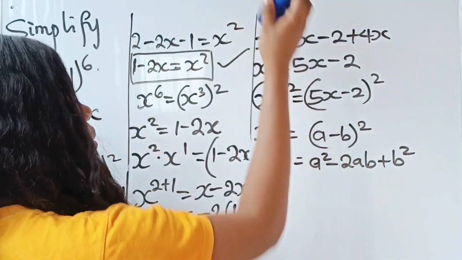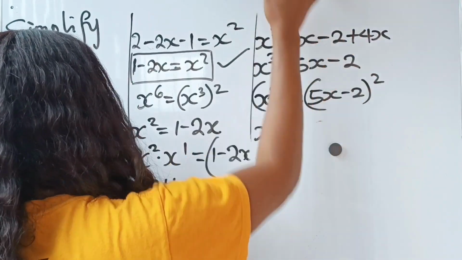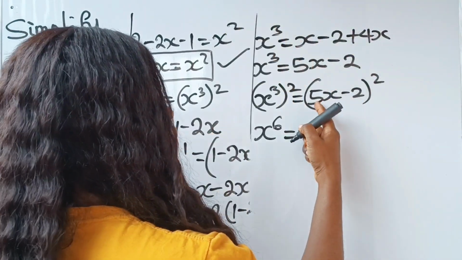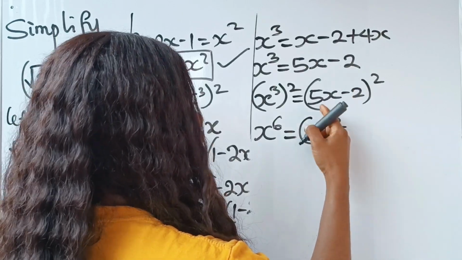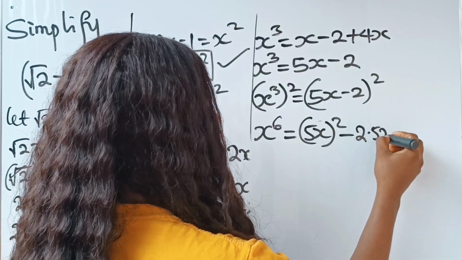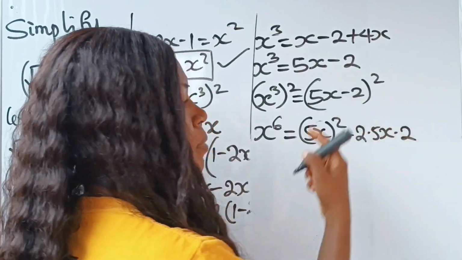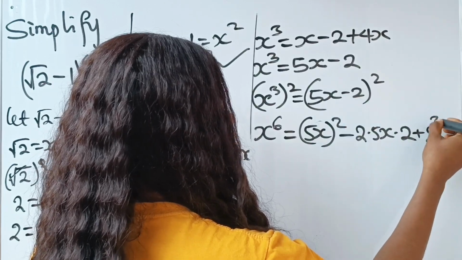So that means that we can express this side as 5x squared, since this is our a, minus 2ab, that is 2 multiplied by 5x multiplied by 2, plus b squared, that is plus 2 squared.